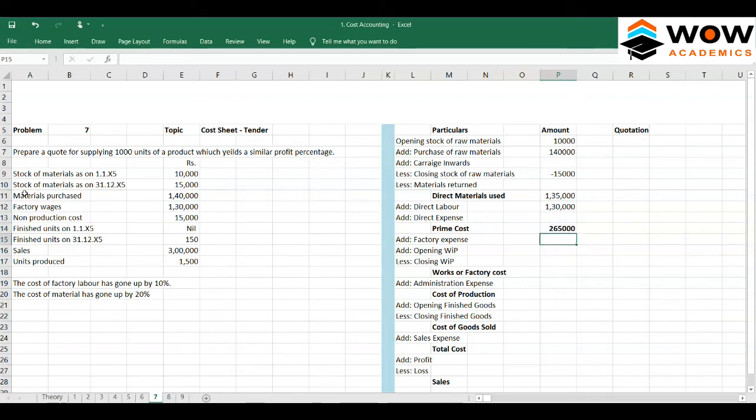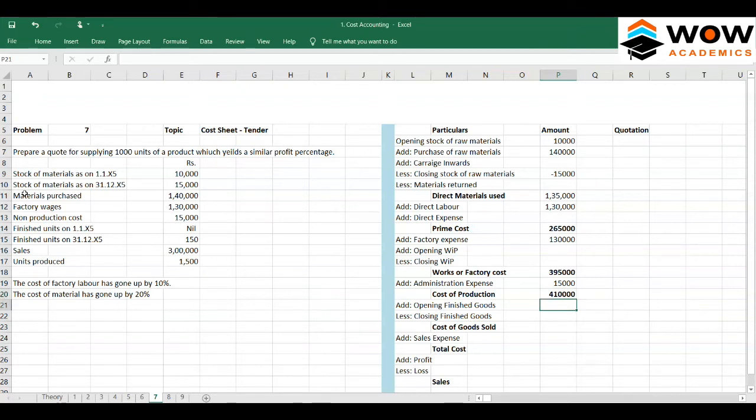Factory wages is also given. There's no opening or closing WIP, so 3,95,000 would be the works cost or factory cost. Non-production overhead is given, that is 15,000. So cost of production is 4,10,000. Done, so till there we got.